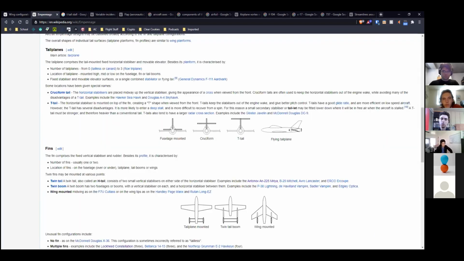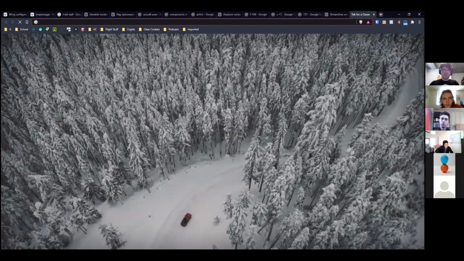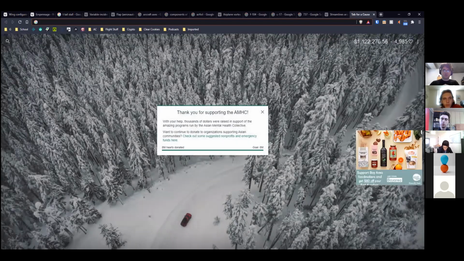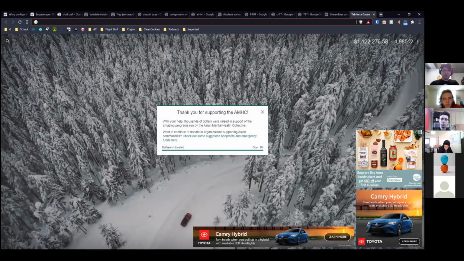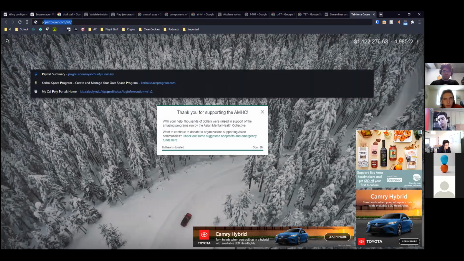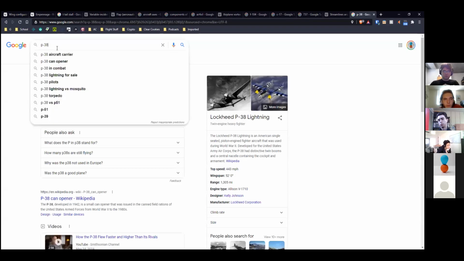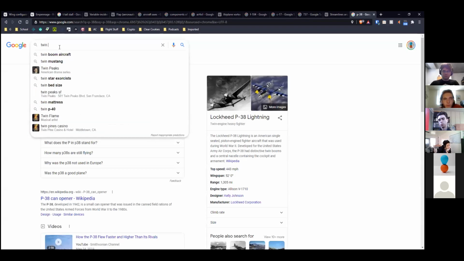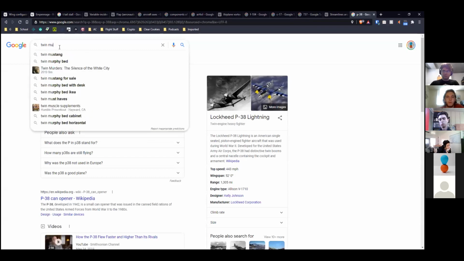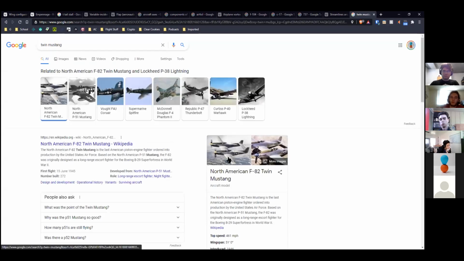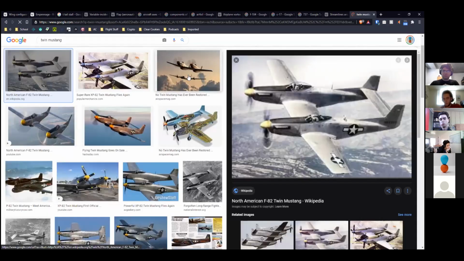The Vampire has a twin tail boom, but it still has a single fuselage cockpit section. The P-38 is also like that. The Vampire is basically just a jet P-38, but I want the twin Mustang. That's a true twin fuselage plane.